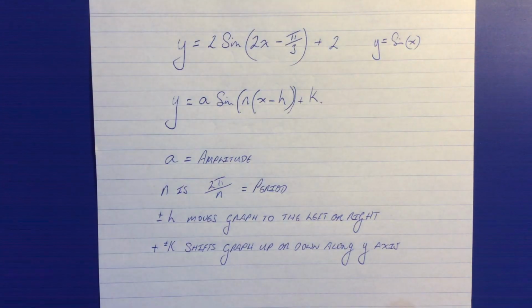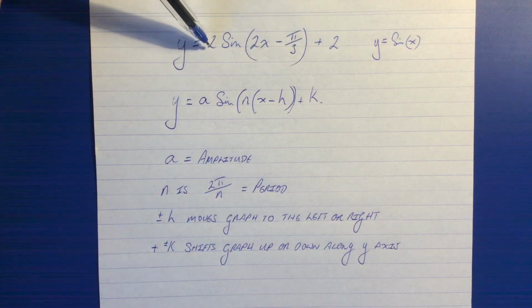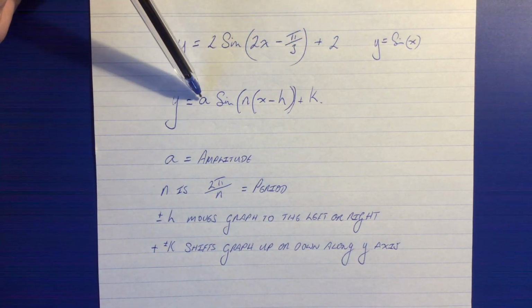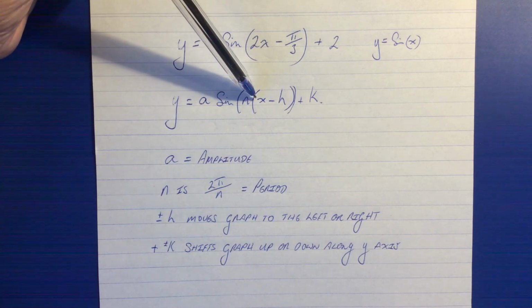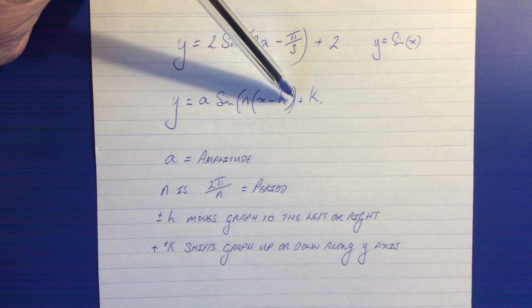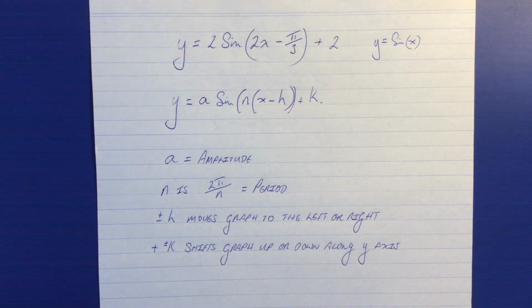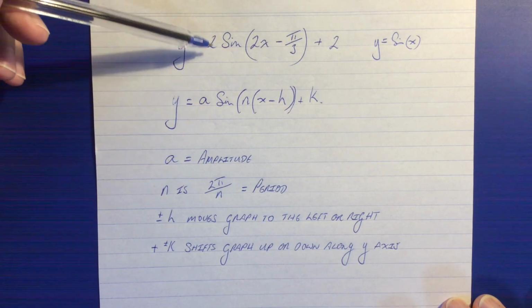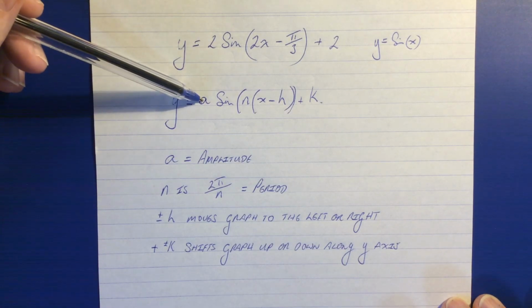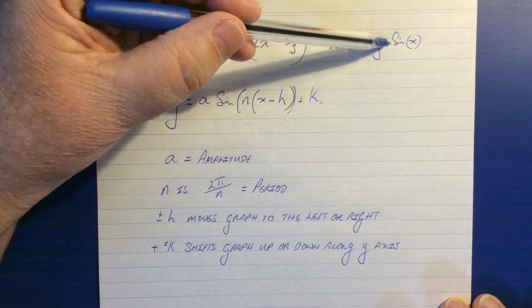Right, returning to this. In textbooks you will see what we've got written here in a general form of y equals a sine(n times (x minus h)) plus k. Now I want to go through what each one of these things does. A affects the amplitude. In this case, because there's nothing written here, we assume that it's 1.